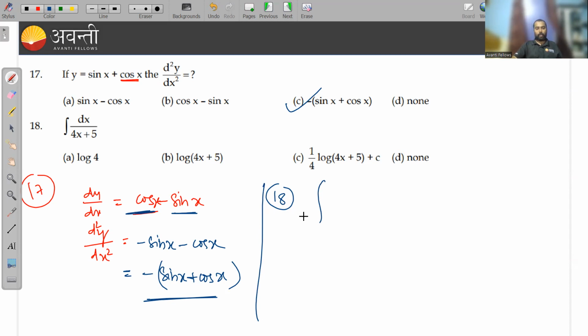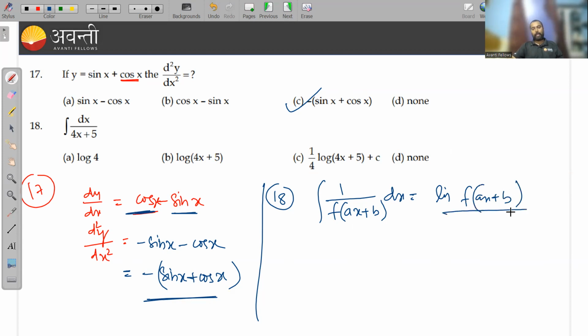So all of you know, when you are having 1 upon a linear function of the form ax plus b, dx, then the integration will be ln of ax plus b divided by the coefficient of x, that is a.